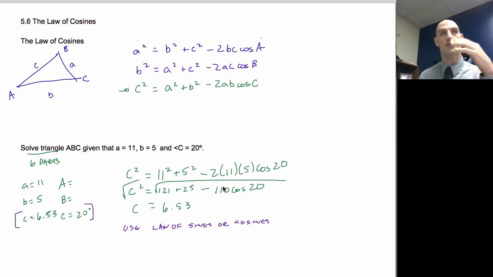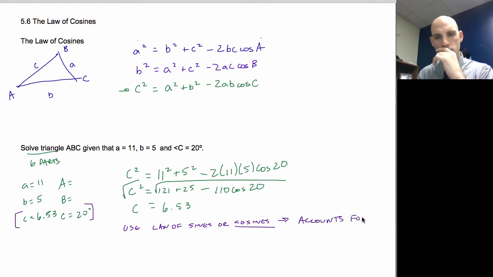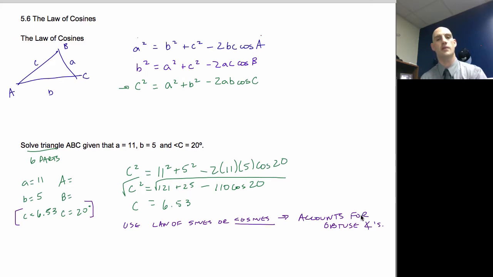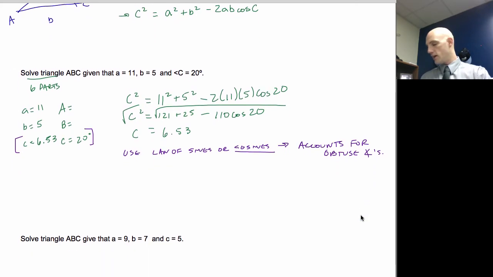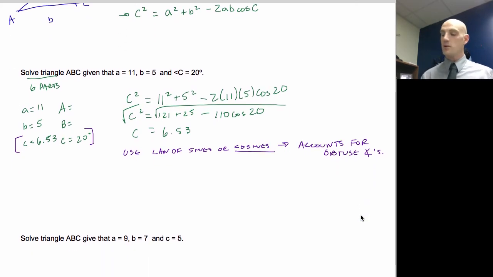And so if we've got some angle that's outside of that, an obtuse angle, it's going to eliminate it. So we want to use the law of cosines because it accounts for obtuse angles. Okay, we want to use the law of cosines again because it accounts for those acute angles or those obtuse angles. So what does it look like now?